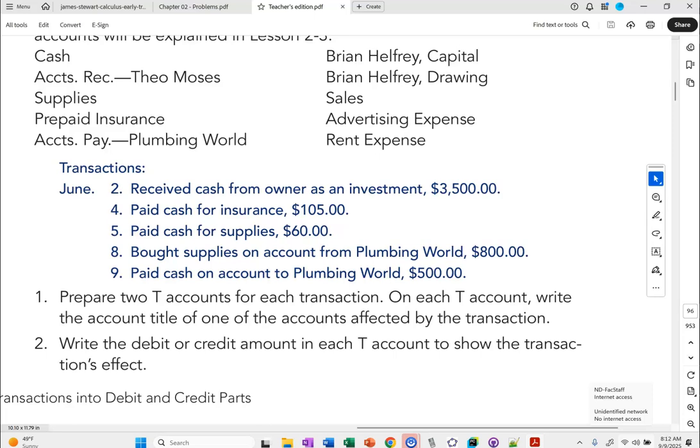And then June 9th, your two accounts are accounts payable and cash. $500 on the left for accounts payable and $500 on the right for cash.